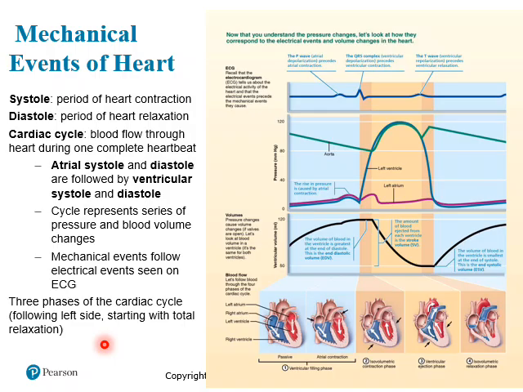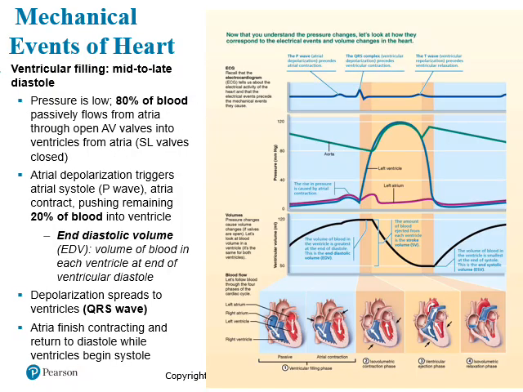The mechanical events usually follow the electrical events that you see in an EKG. There are three phases of the cardiac cycle, starting with total relaxation, and we will see it.